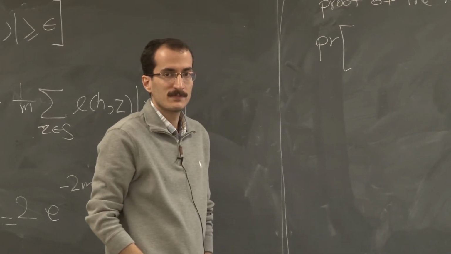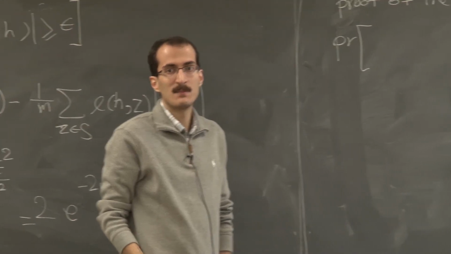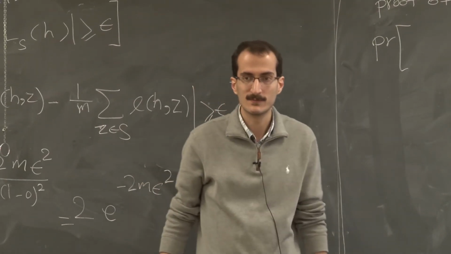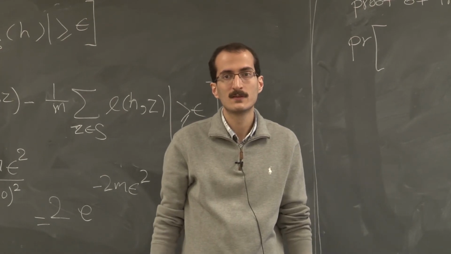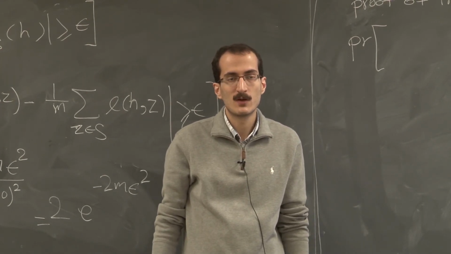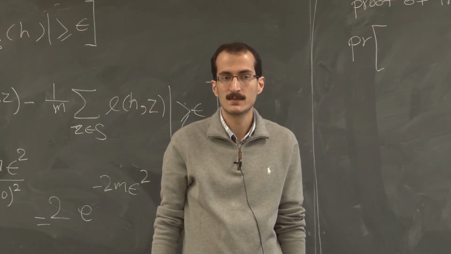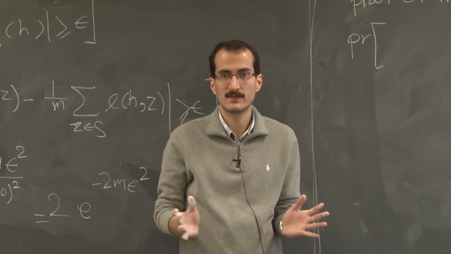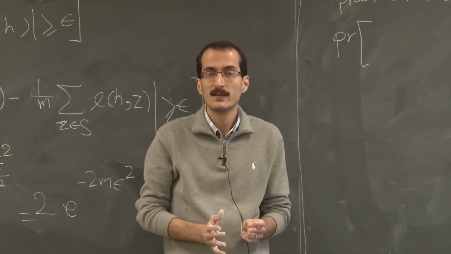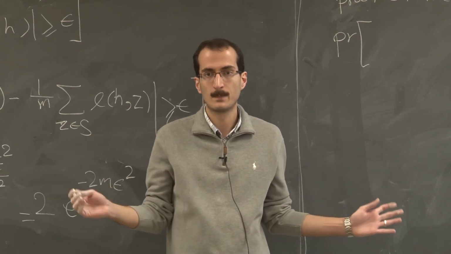And what is the probability of failing? It fails when our sample is not epsilon representative, right? So our goal was to say that if I have enough instances, then my sample set is epsilon representative. That was the goal. In that case, I will have ERM working.